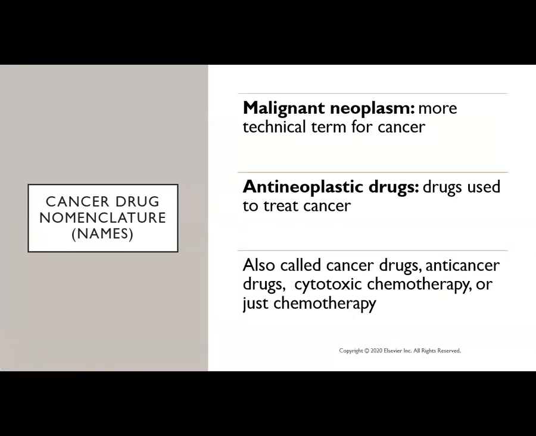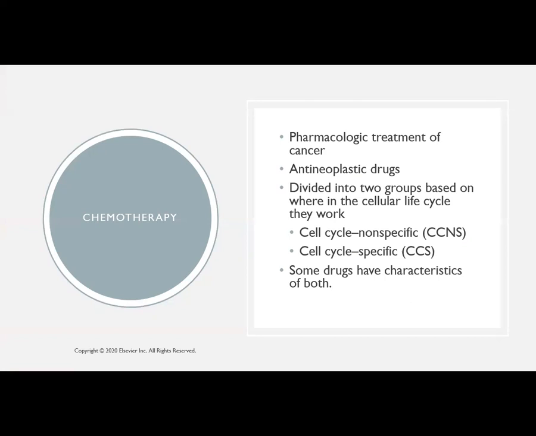Malignant neoplasm is the more technical term for cancer. Antineoplastic drugs are drugs used to treat cancer. They're also called cancer drugs, anti-cancer drugs, cytotoxic chemotherapy, or just chemotherapy. With chemotherapy, it's the pharmacological treatment of cancer. You'll have antineoplastic drugs, and they're usually divided into 2 groups based on where in the cellular life cycle they work.